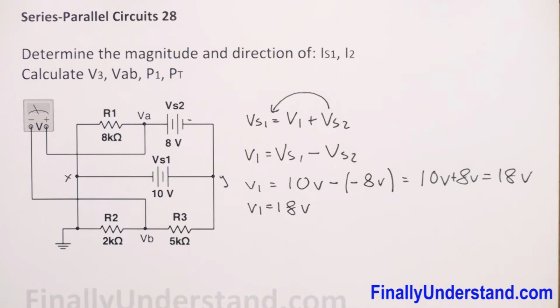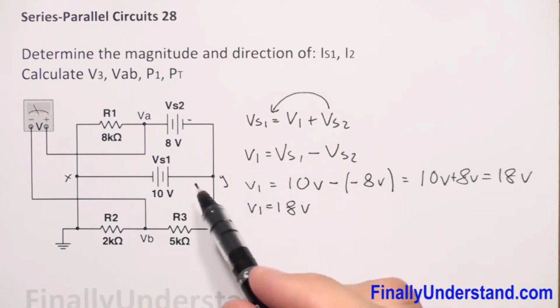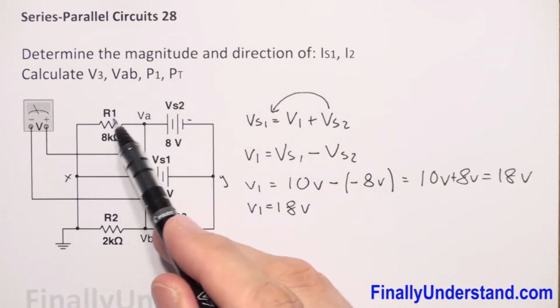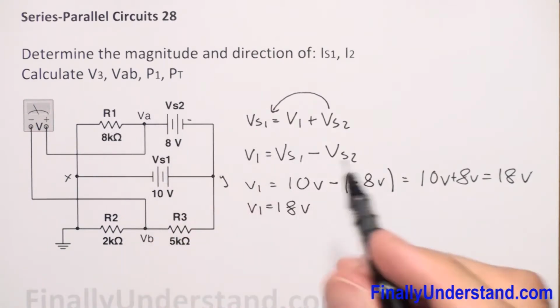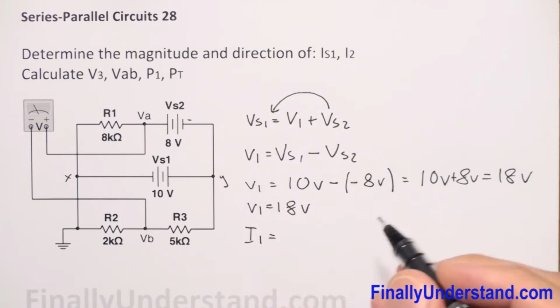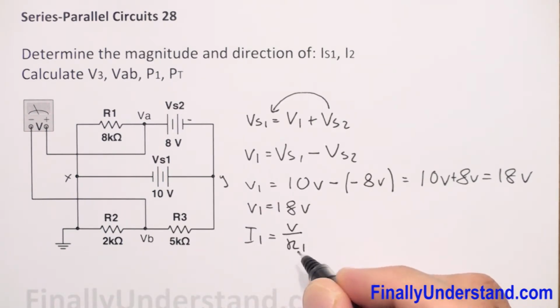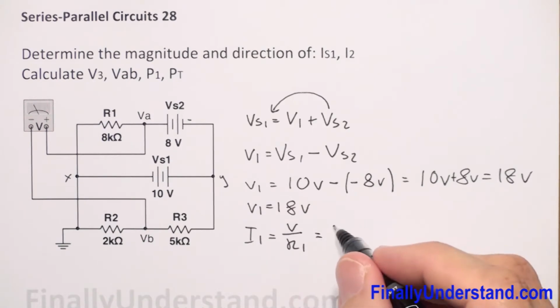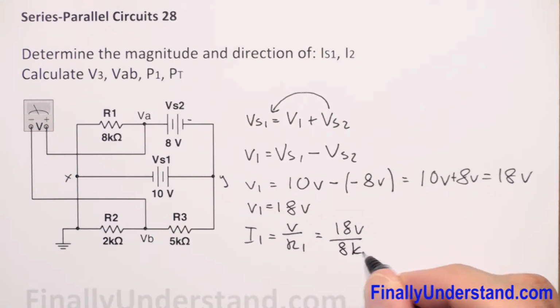So now we're supposed to find the current through this resistor, because we also have to find the power later on. So I1 is equal to V1 over R1. This is equal to V1, 18 volts, over R1, 8K.